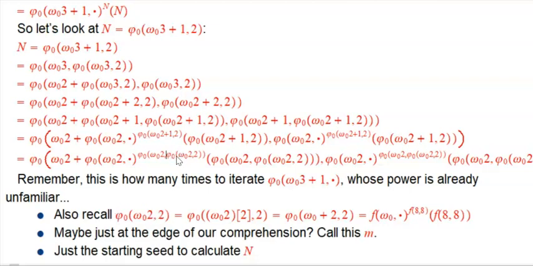So what about this little guy, right? We go into the iteration exponent of this part of the expression, and we just go into one little part of that: phi naught of omega naught 2, 2. Okay, this is something that's not crazy huge. Well, it is crazy huge by any normal standard. But once again, that just unpacks as phi naught of omega naught plus 2, 2.